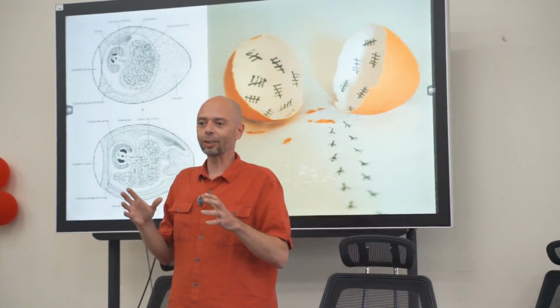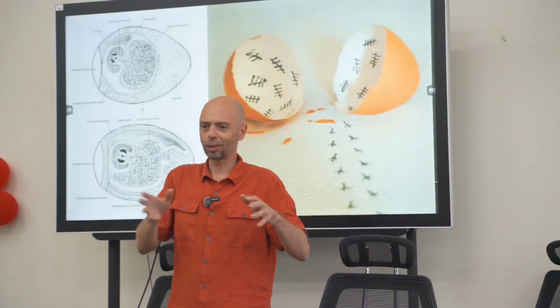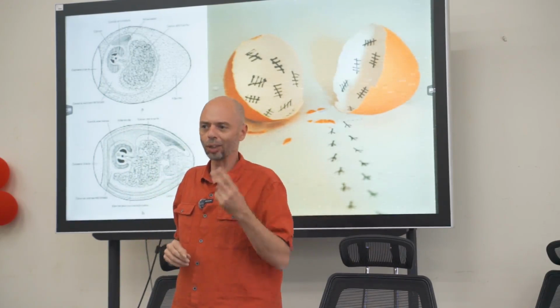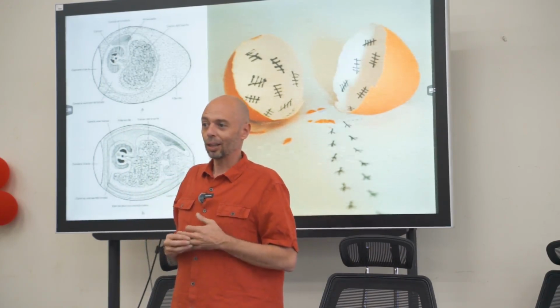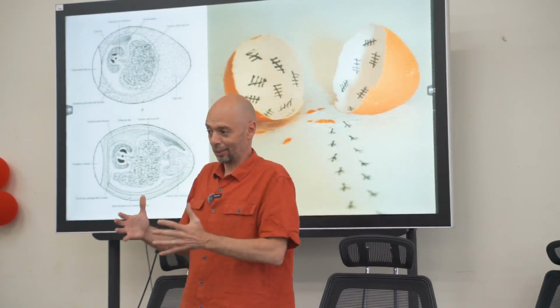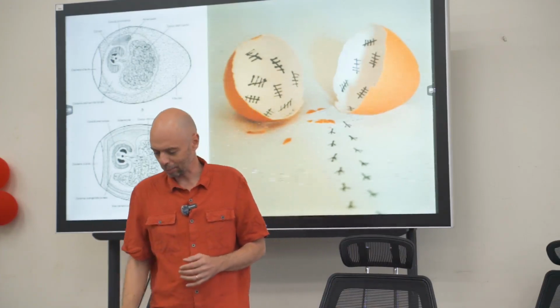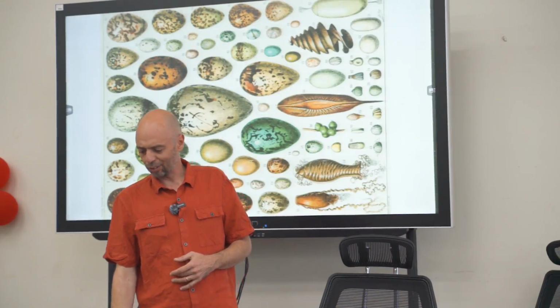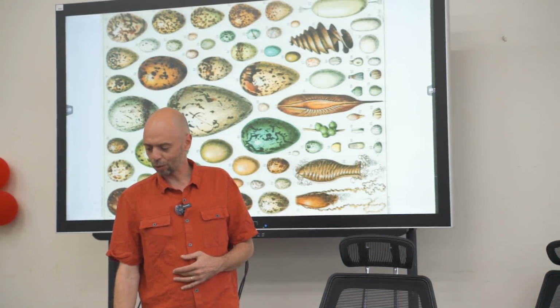If you make 1,000 eggs, you can just leave them, they will take care of themselves. From 1,000, 2 will survive, it's fine. If you make 1 egg or 10 eggs, you have somehow to take care of it in a good manner. So these are all the different kinds of eggs which evolved in the branches of animals.